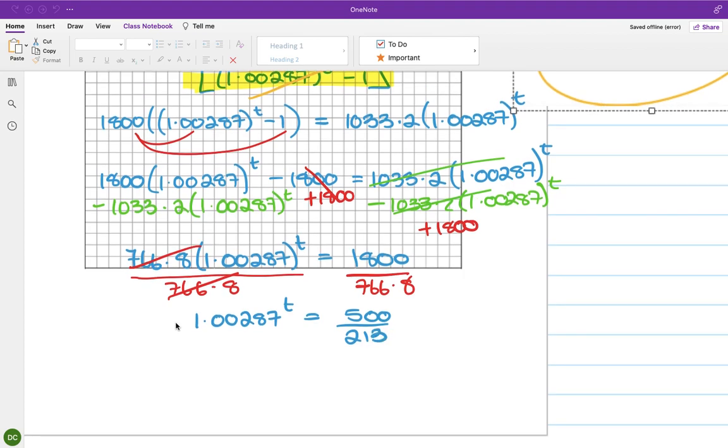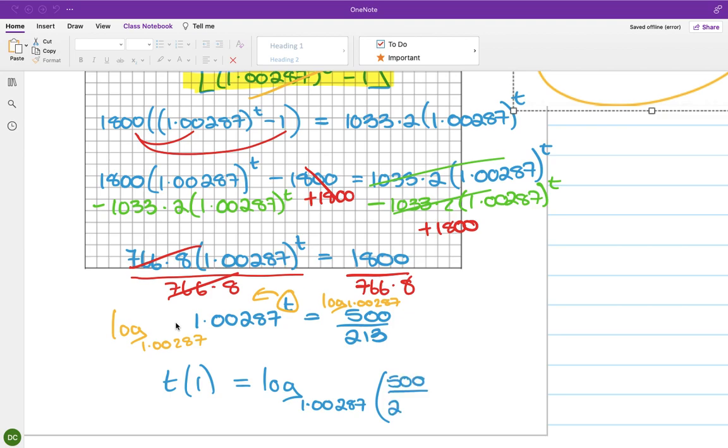Yeah, so I can do it the same way I did it earlier in this test. You take log of 1.00287 and the same over here. So we can bring the t to the front. And because the base and the argument match, it's just 1. And this is log to the base 1.00287 times 500 over 213.